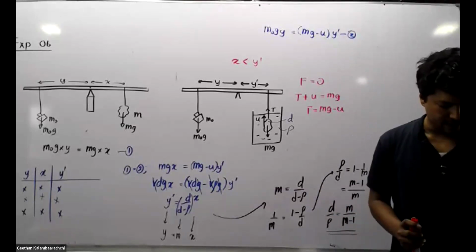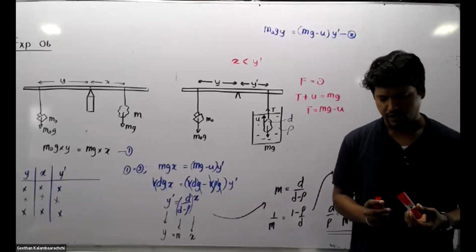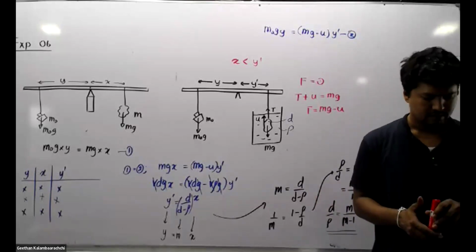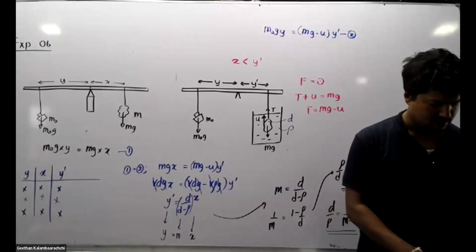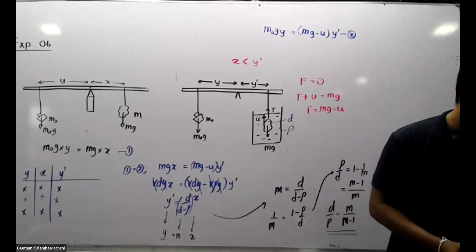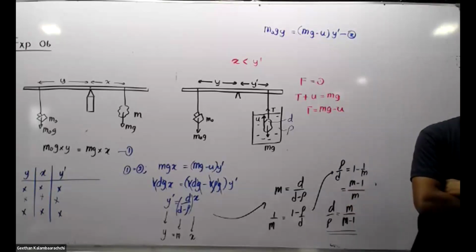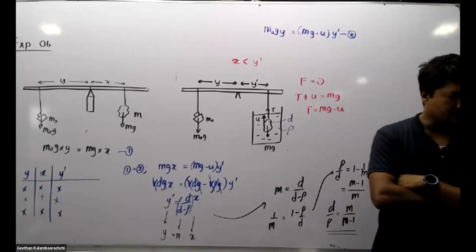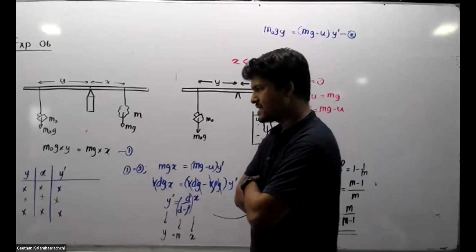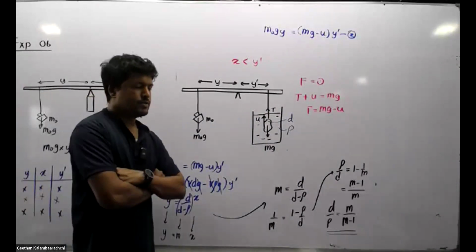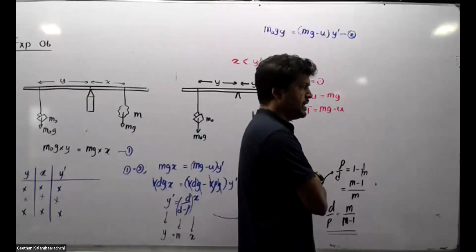For every value of y, one pair of values for both x and y dash must be obtained.